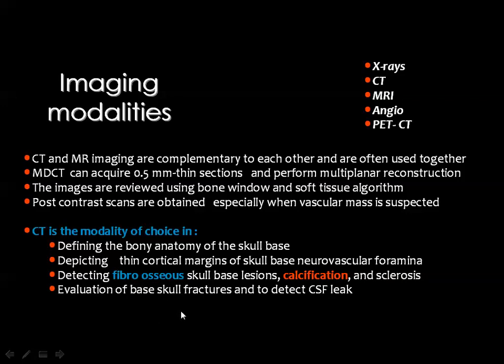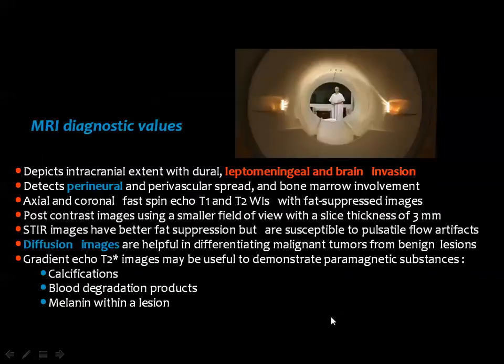The evaluation of fibrous dysplasia and other tumors of fibrous origin are better assessed by CT than MRI. Also, CT is more helpful, of course, than plain X-ray and MRI in detection of calcium as well as detection of bone sclerosis. One of the best values of CT is the assessment of fractures and post-traumatic CSF leak.